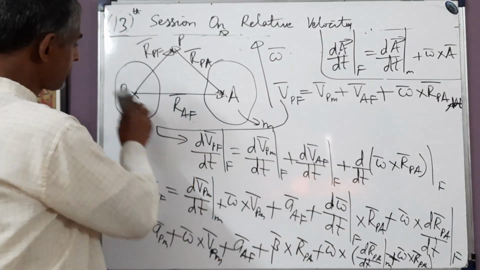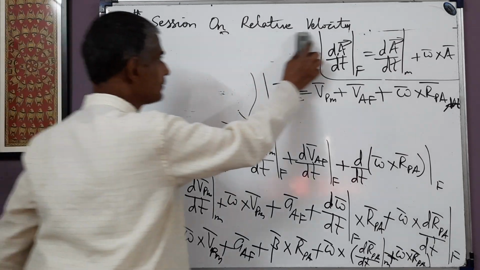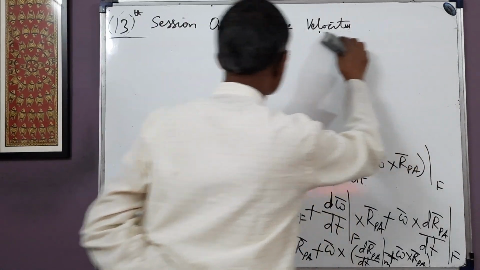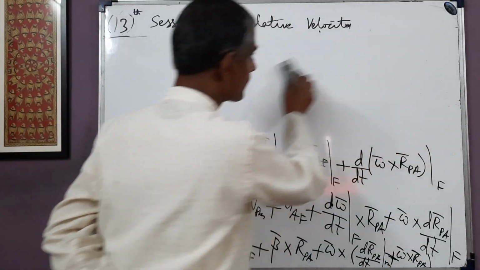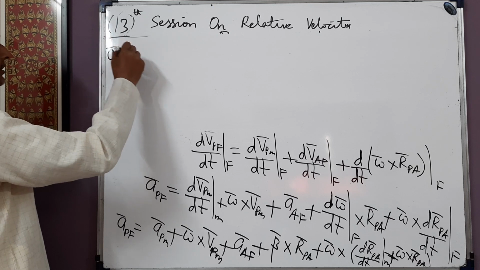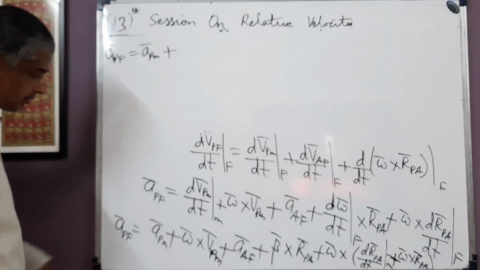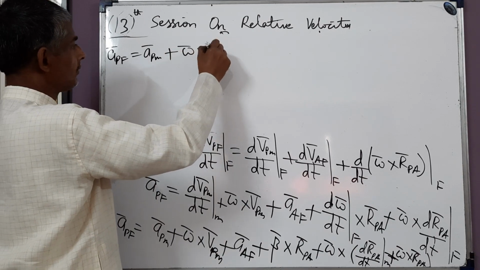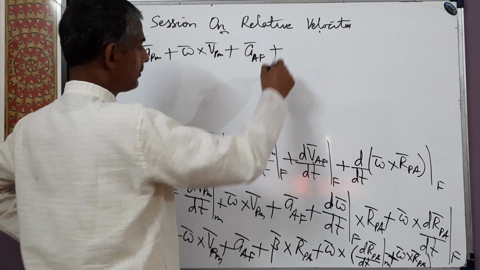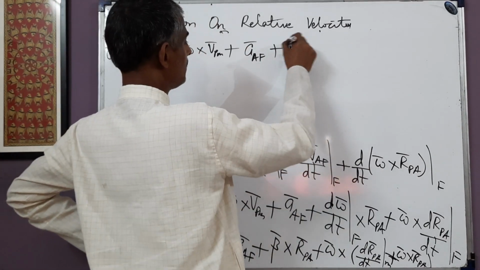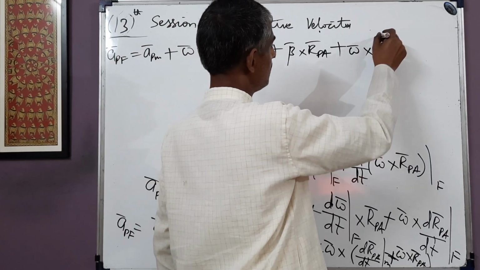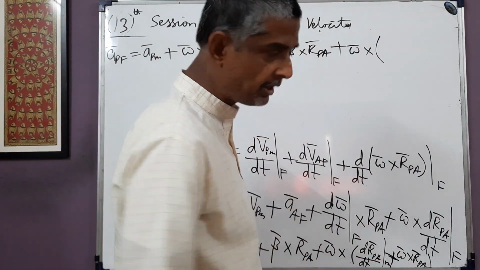So now we get the relation APF is equal to APM plus omega cross VPM plus AAF plus beta cross RPA plus omega cross dRPA by dt in M, which is equal to VPM minus VAM.